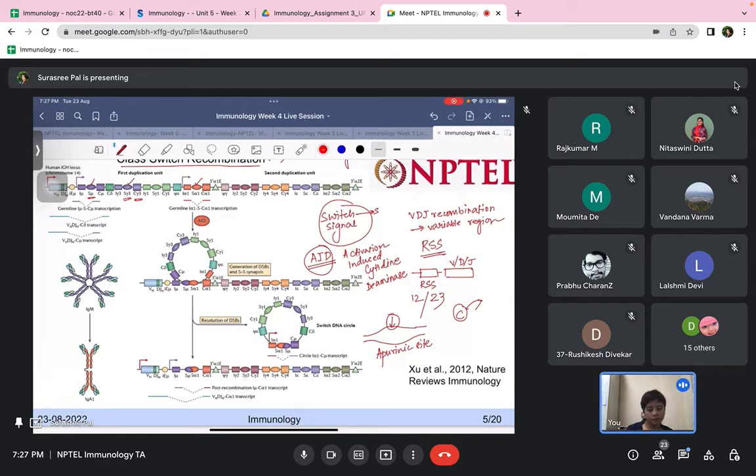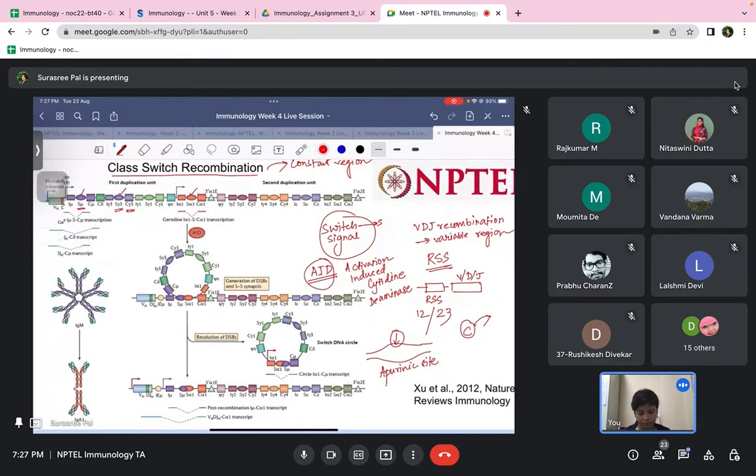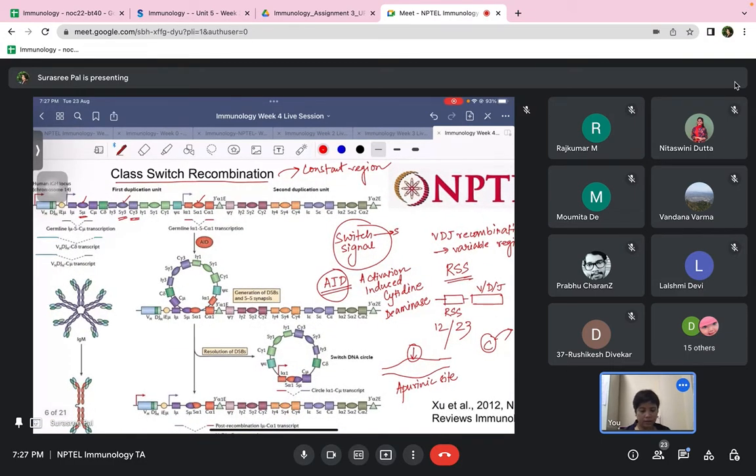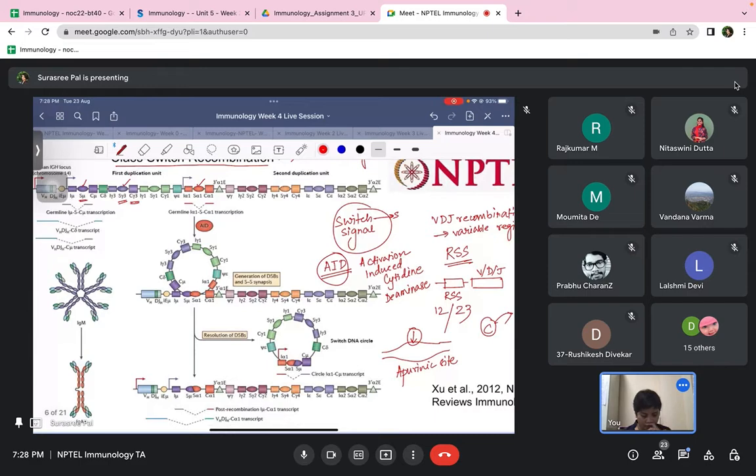So I'm not going to give you much detail about it, but here you can see one thing: suppose IgG has to be expressed, or if the IgA has to be expressed, then what happens?